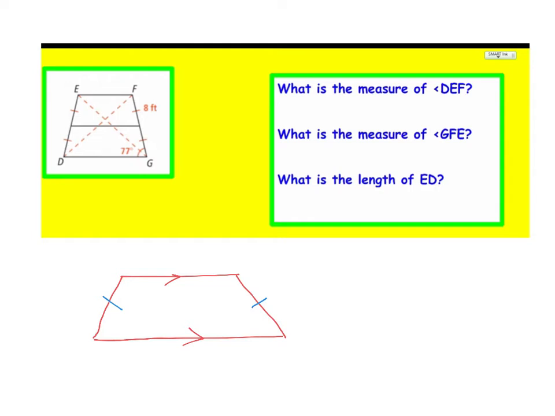The upper and lower base angles are congruent. So these angles down here, the lower base angles, are congruent. And then the upper base angles are also congruent.